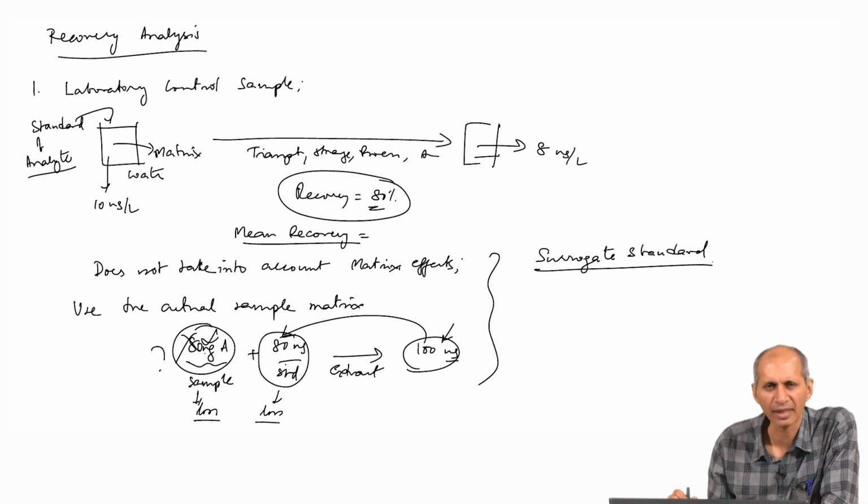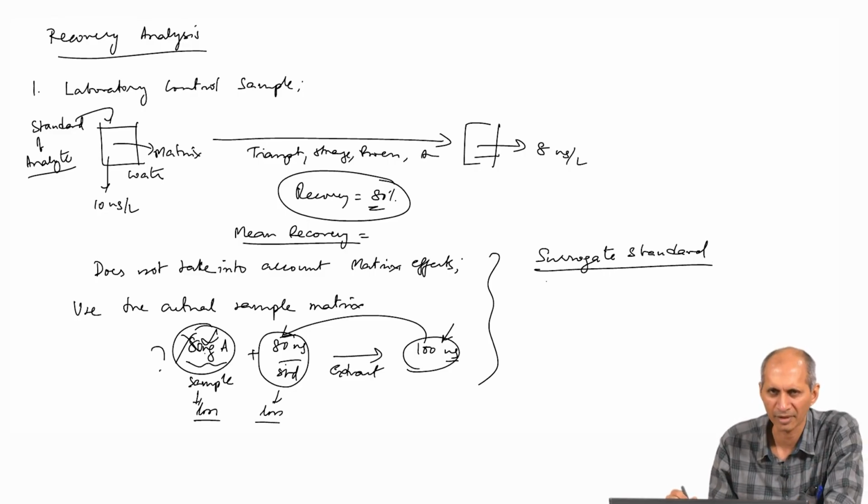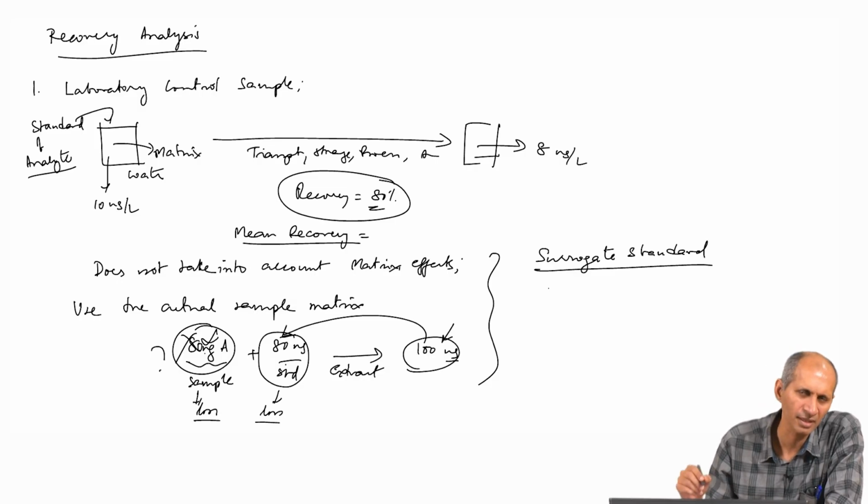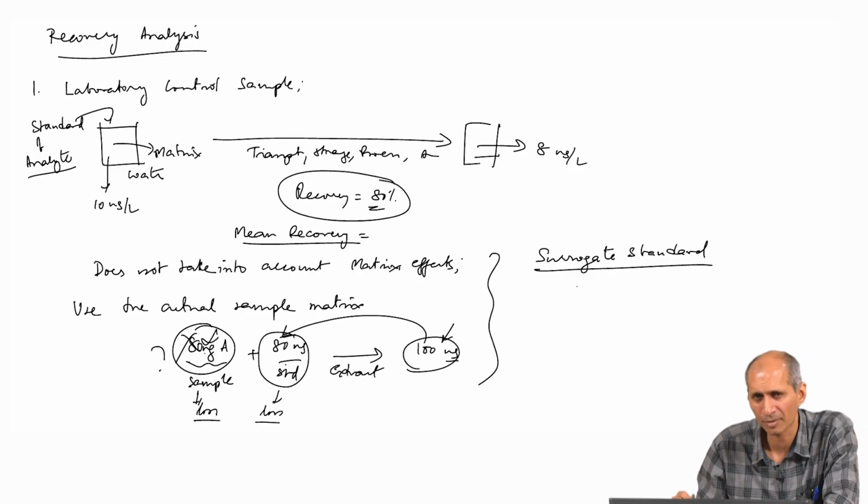A surrogate standard is usually a compound that is very similar to the analyte of interest, but it is not the analyte of interest. And so, in the analytical instrument that we are using, most of the time chromatography, it shows up in the chromatogram, but not at the same point as the analyte, slightly off, especially in methods like GCMS.